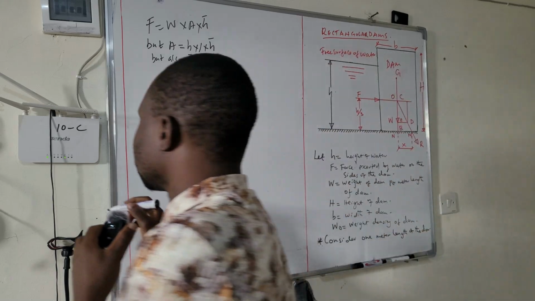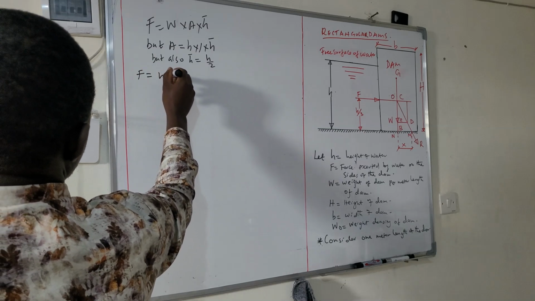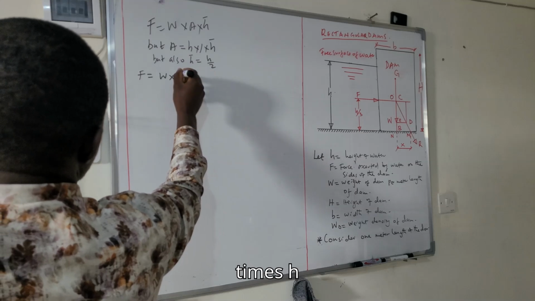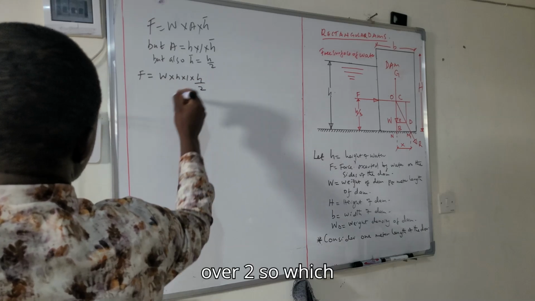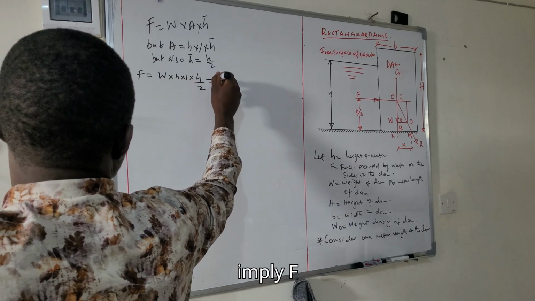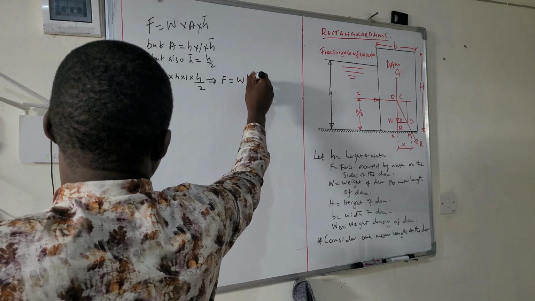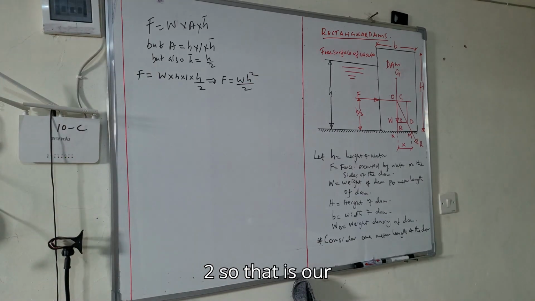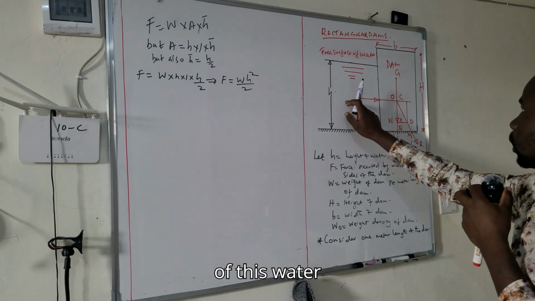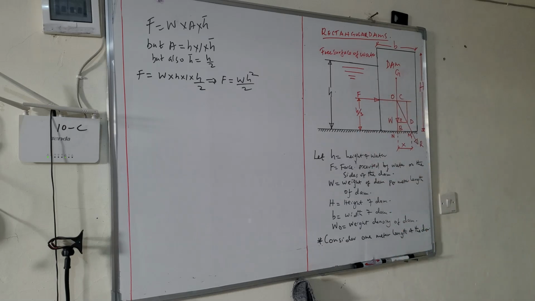So F is equal to W times H times 1 times H over 2, which implies F is equal to W H square over 2. So that is our F, which is the force of this water acting on a dam.